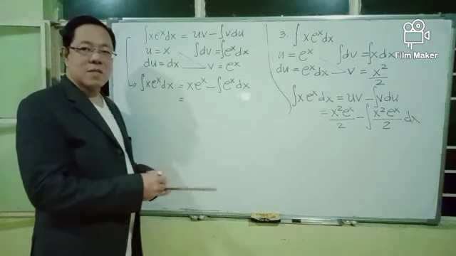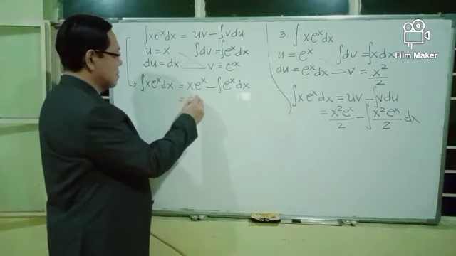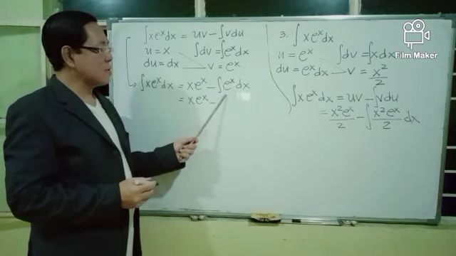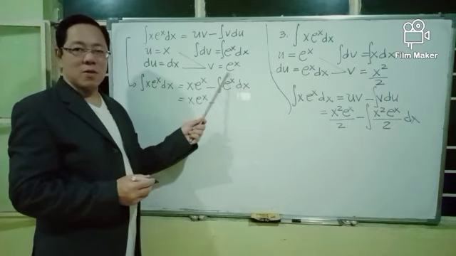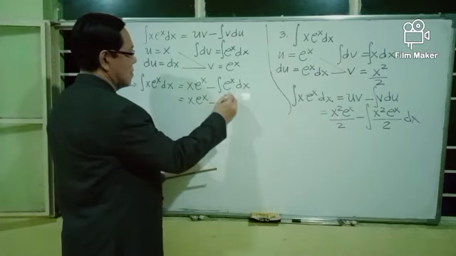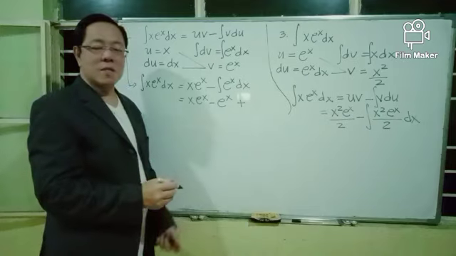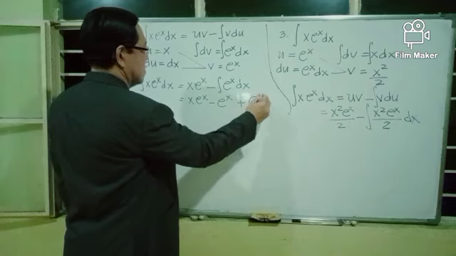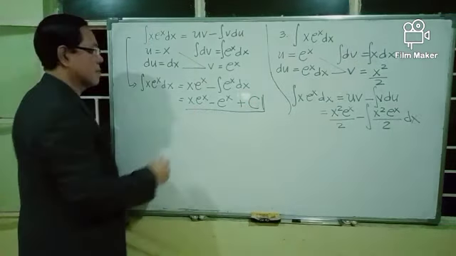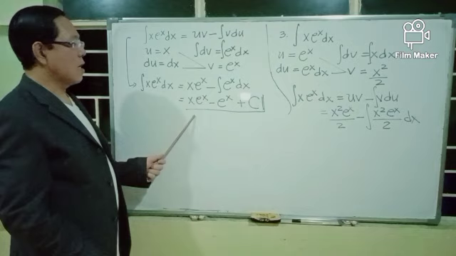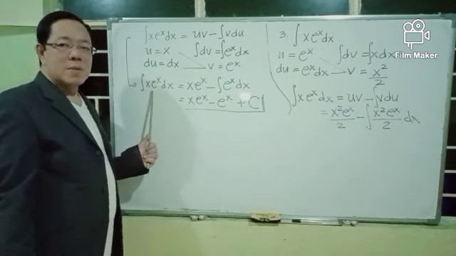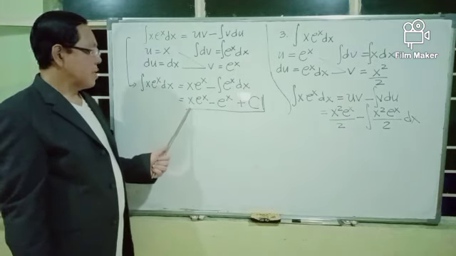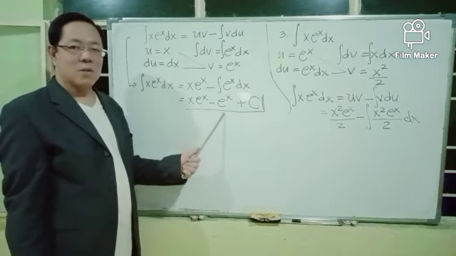The first term is the same, x e to the x, minus the integral of e to the x with respect to x, which is e to the x, plus the constant of integration c. And this is the integral of x e to the x dx equals x e to the x minus e to the x plus c.